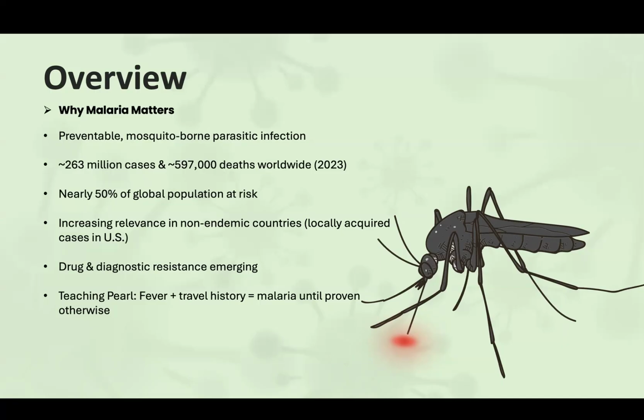It's becoming increasingly relevant in non-endemic countries, such as here in the US. It's increasingly drug resistant, and something important to note is that any patient that comes in with fever and a recent travel history, you first have to think of and rule out malaria until proven otherwise.